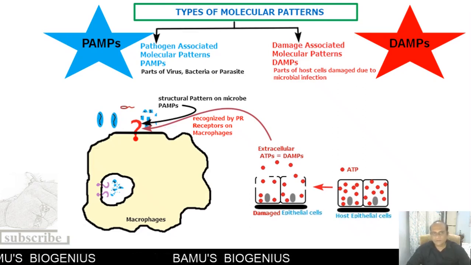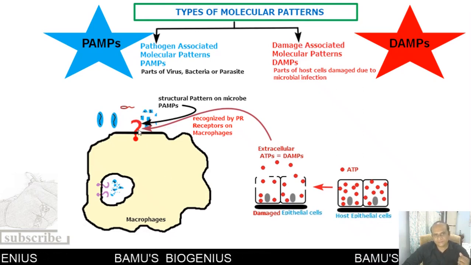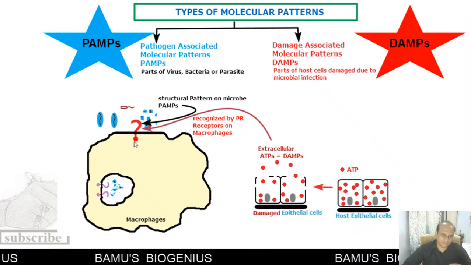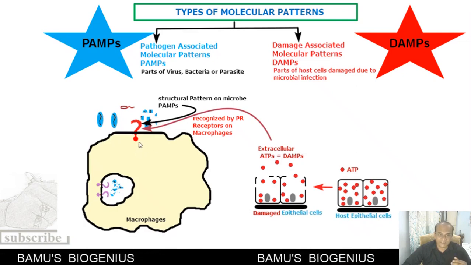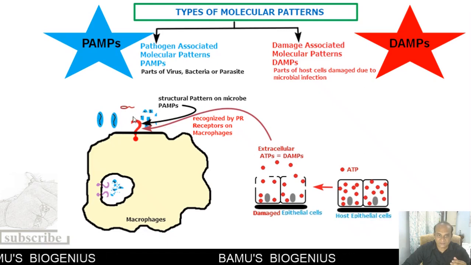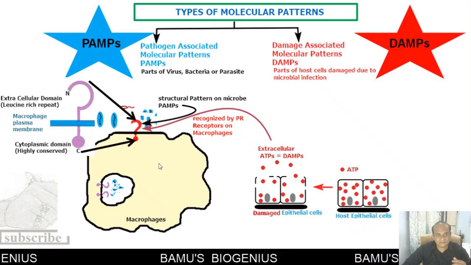Now let us talk about the pattern recognition receptors. As I told you, pattern recognition receptors are transmembrane proteins. That means the protein traverses the plasma membrane, and it has domains, or ends, one end outside of the cell and another end inside, in the cytoplasm. So it is more or less like this.